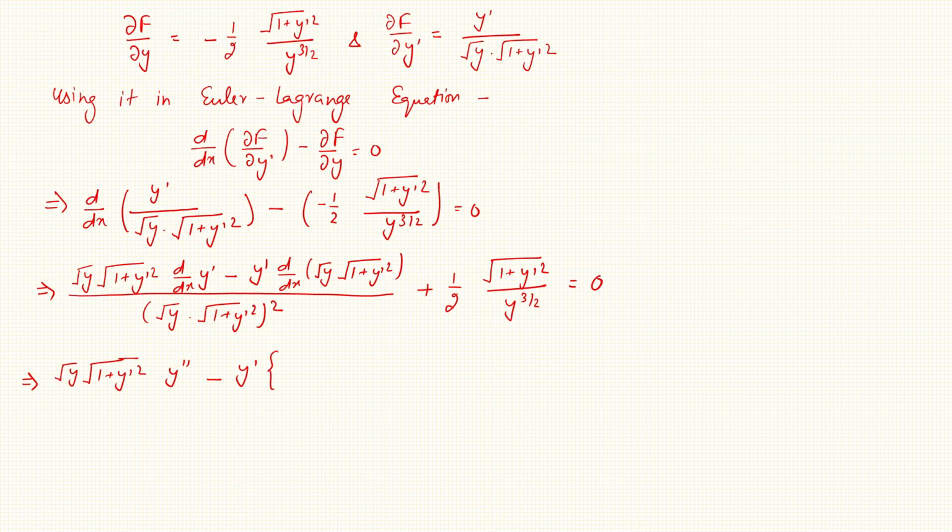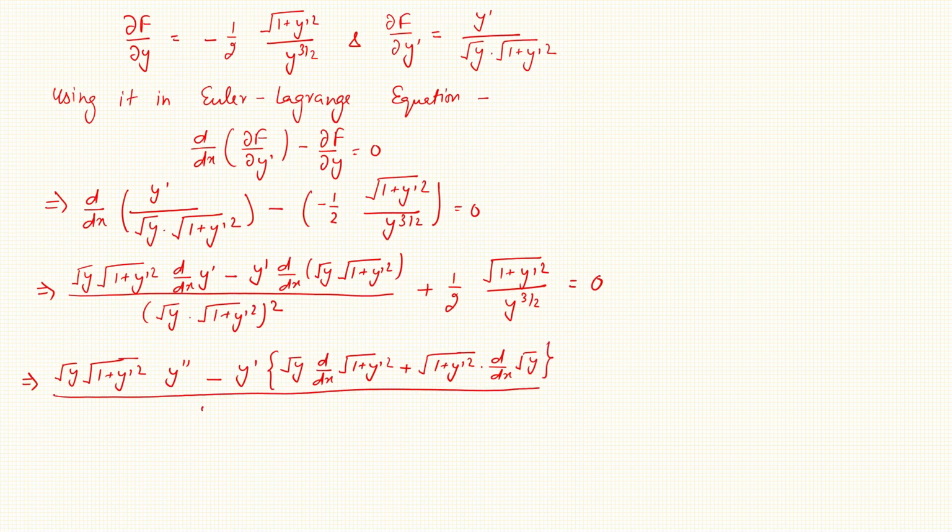This will be first function into differentiation of second function plus second function into differentiation of first, upon y(1 + y′²) plus 1/2 √(1 + y′²) upon y to the power 3/2 is equal to 0.